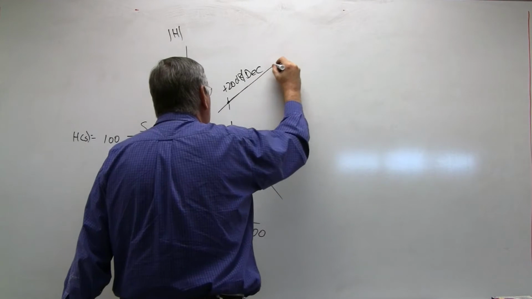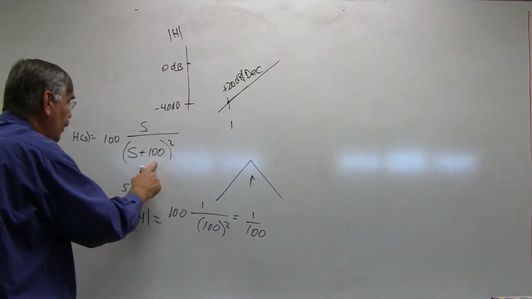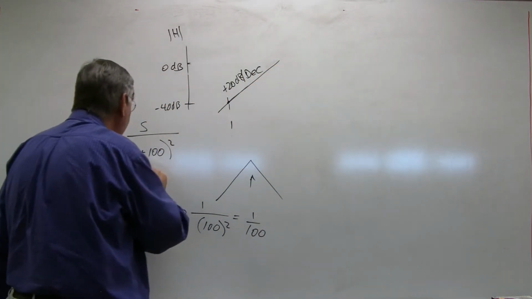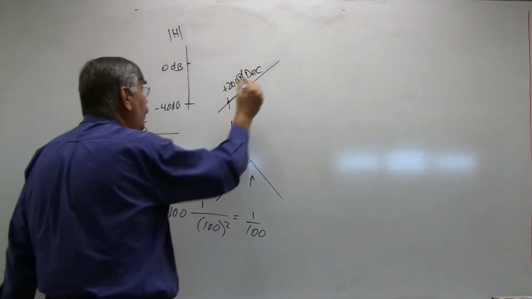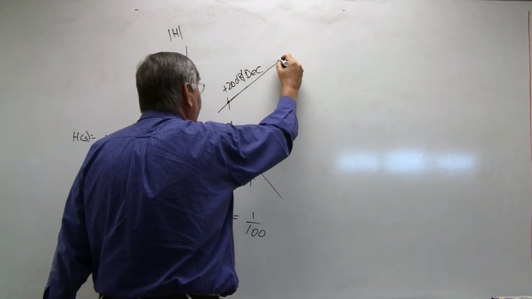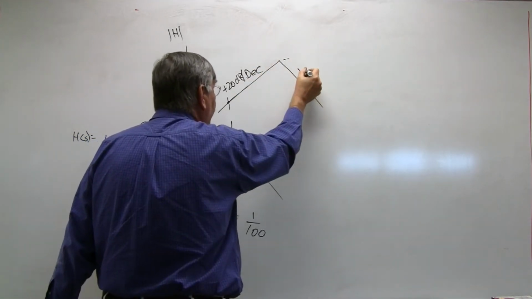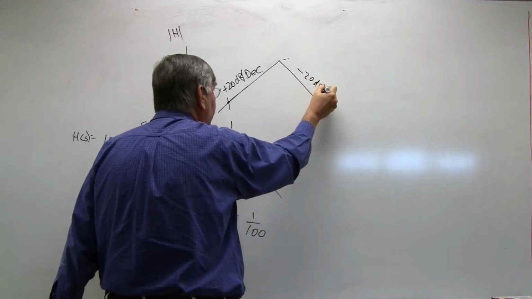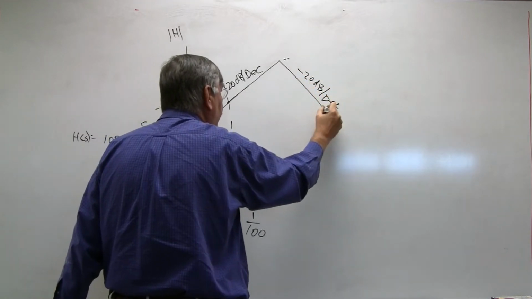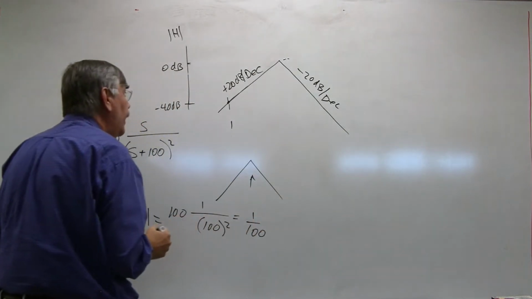And it's going to continue on this slope until it hits the pole. At that point, it's going to have 2 breaks down. So it doesn't go flat, it comes back around, and it goes at minus 20 dB per decade, if I can write that. And it continues on its way from there.